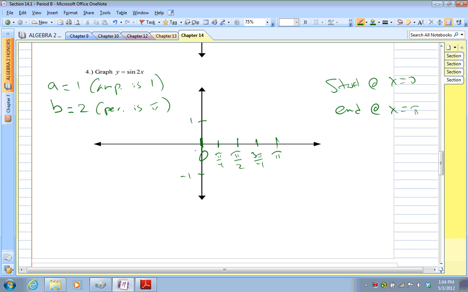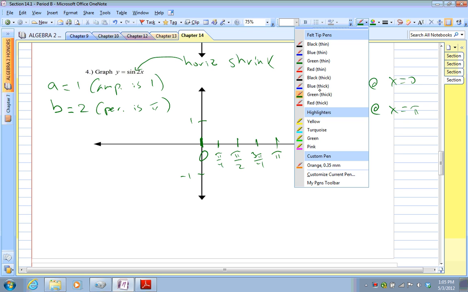So even though what 2x will do, the 2 will cause a horizontal shrink, because it's not covering as long a distance. Instead of going from 0 to 2 pi, it's going from 0 to pi. But labeling it, I think, will make that clear, even though the graph may not reflect that truly.